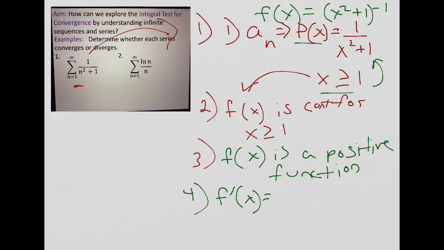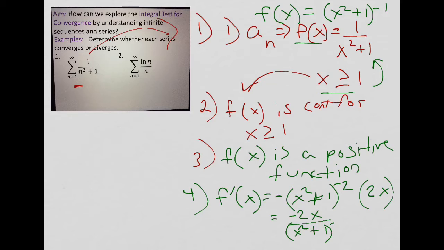So we can take the first derivative, and I'm sorry about that. That should be a plus sign. Multiply all of that by 2x.